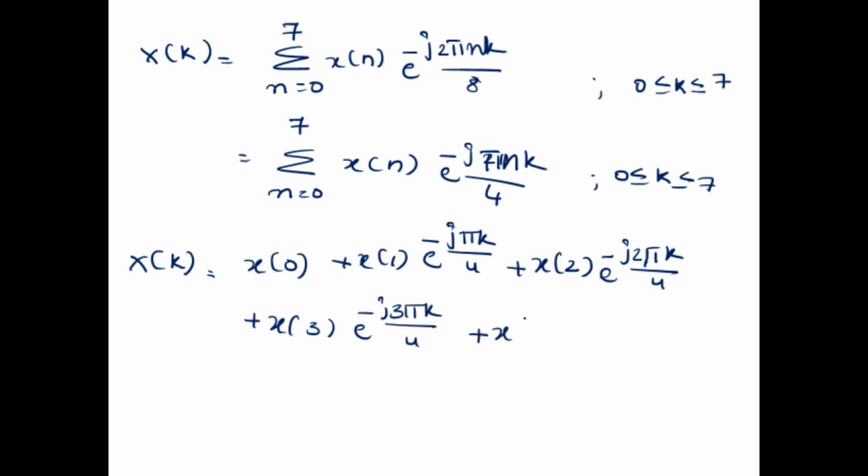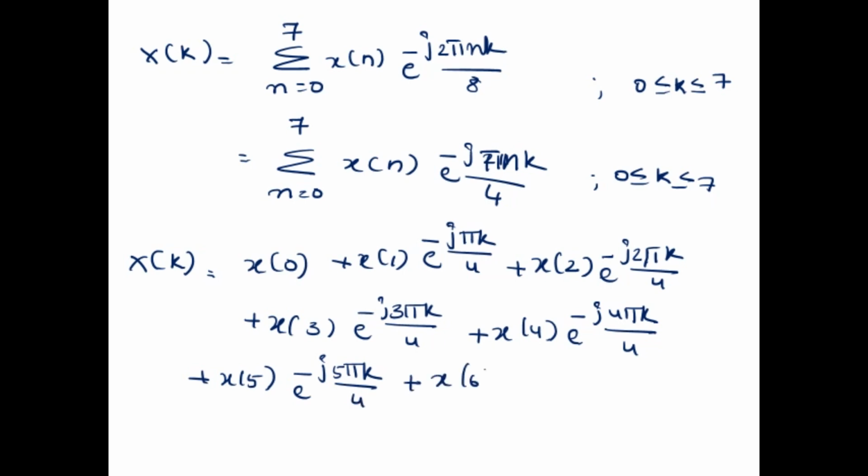x of 4 into e power minus j 4 pi k by 4, plus x of 5 into e power minus j 5 pi k by 4, plus x of 6 into e power minus j 6 pi k by 4, plus the last value, x of 7 e power minus j 7 pi k by 4.